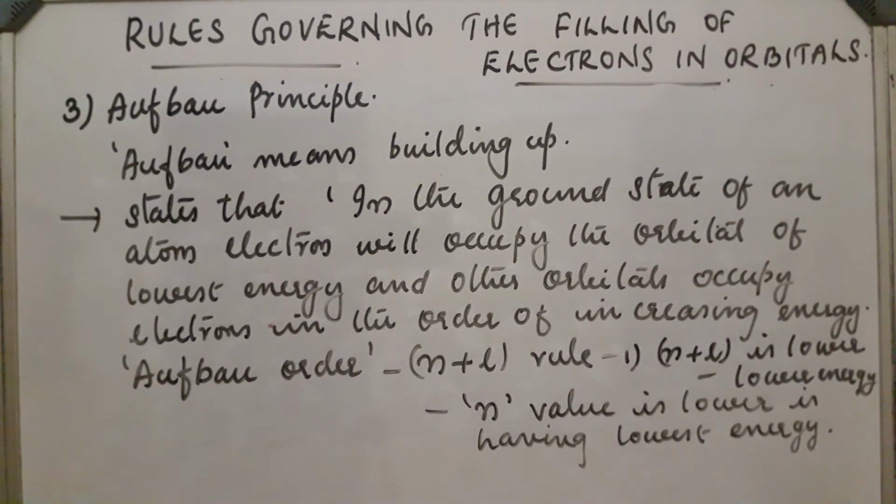So according to this rule, the Aufbau order arranges the different orbitals according to their energy, and the order is as follows.